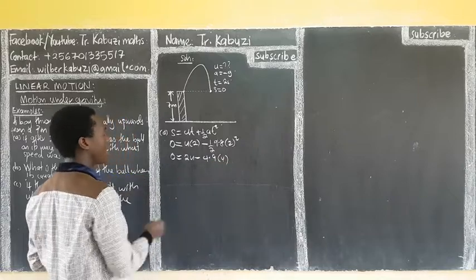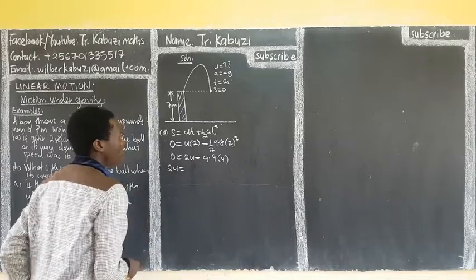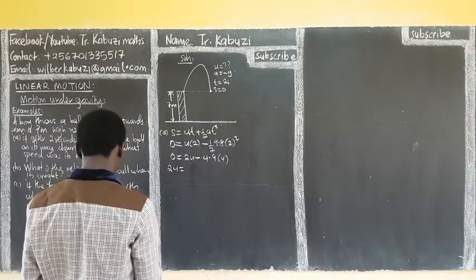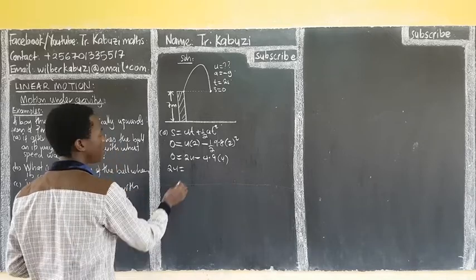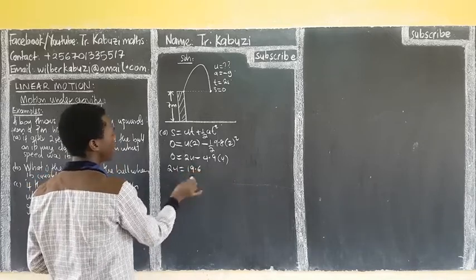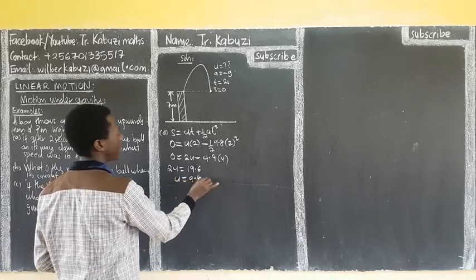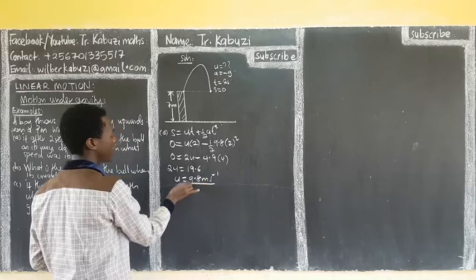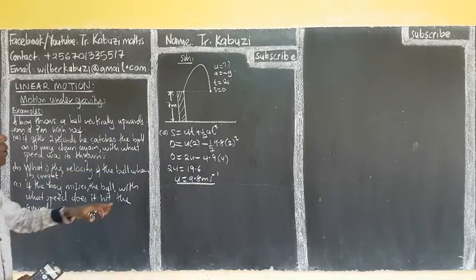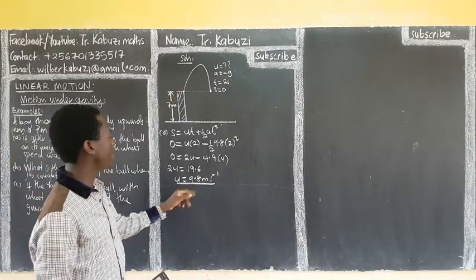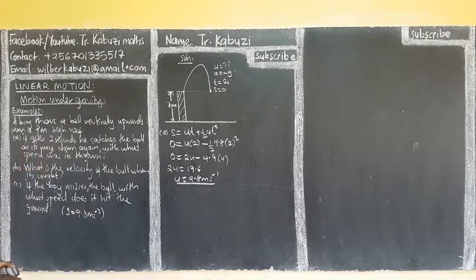Taking it this side, I have 2u equals 4.9 times 4, which is 19.6. Divided by 2, u will be 9.8 meters per second. So, this is the speed at which the ball was thrown. It was thrown at a speed of 9.8 meters per second.